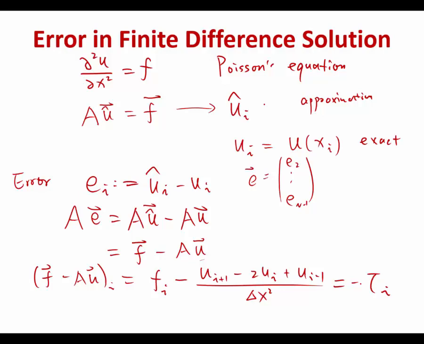We are trying to link the truncation error to the solution error. They are not exactly equal. You see, the truncation error is equal to A times the solution error.